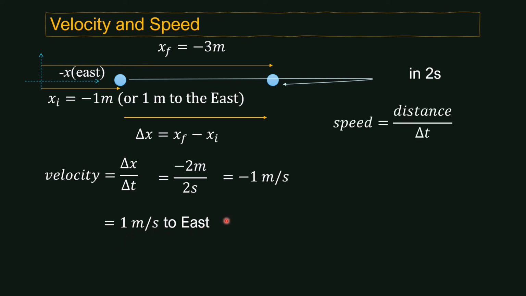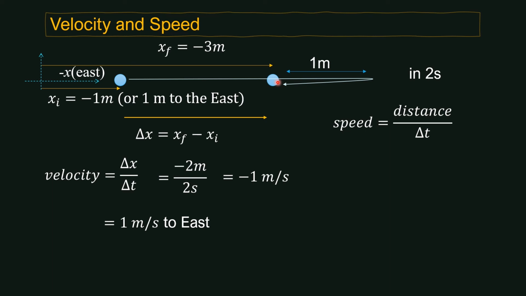Now let's define speed and compute it. Speed is defined as simply distance divided by time interval. We already learned how to compute distance. We simply compute the path length. So in this case, let's say the object goes all the way here 1 meter far from the final position before coming back to this final position.